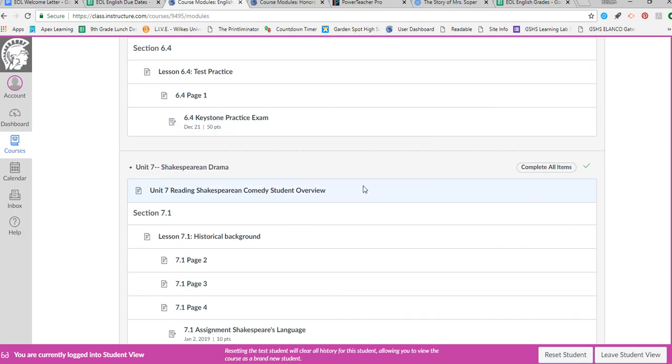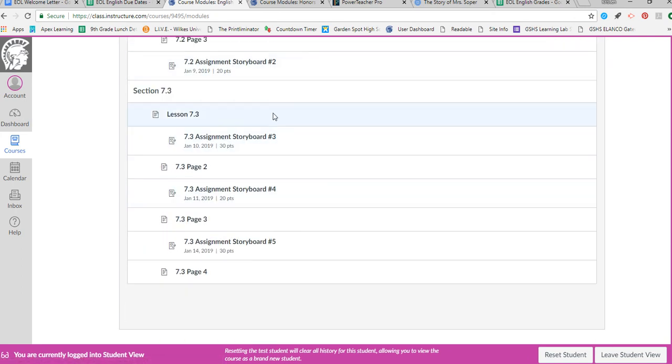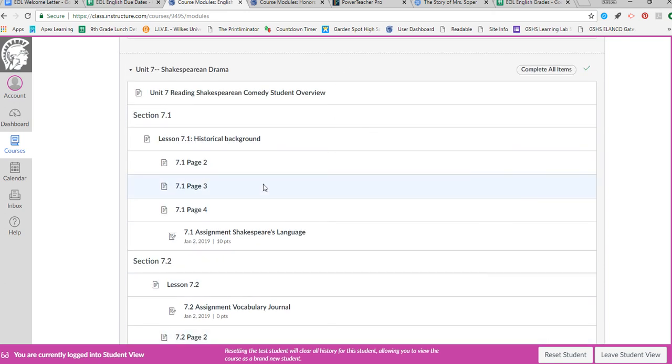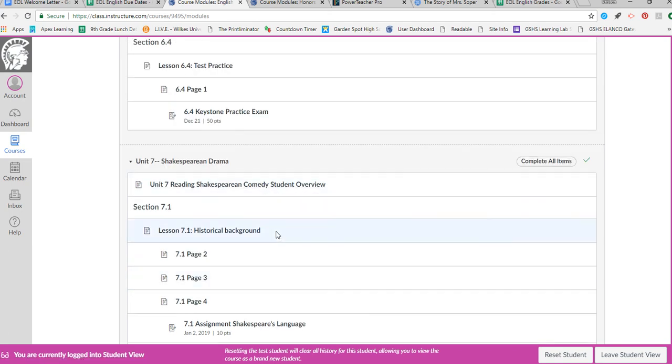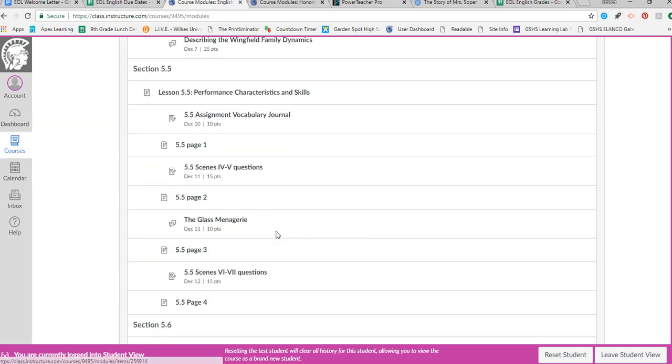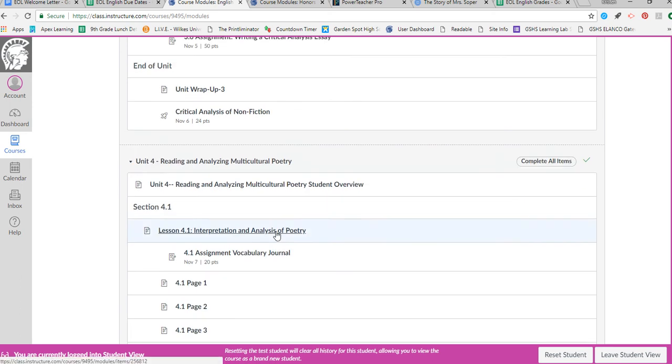After the Keystone, I have some Shakespeare activities, some storyboards you make. They look like comics. Don't stress out about those. I should have timed them to be sort of around the Keystone exam. I wanted you to still have things to do for class, but not necessarily be bombarded with it. And then honors, you also read Tuesdays with Morrie.